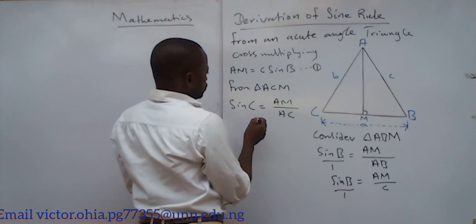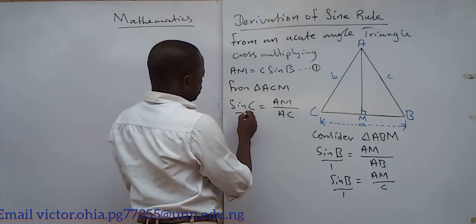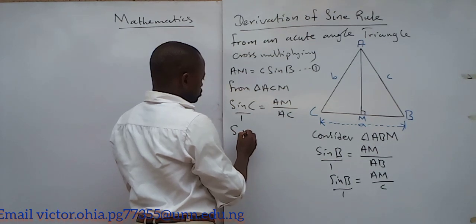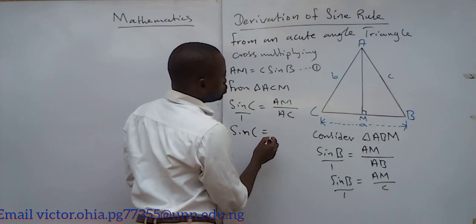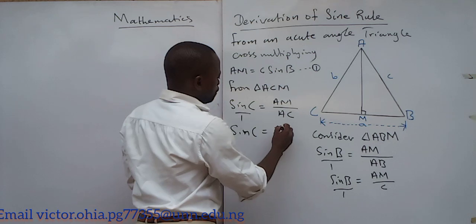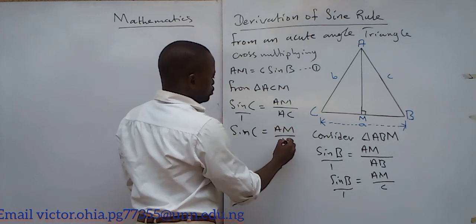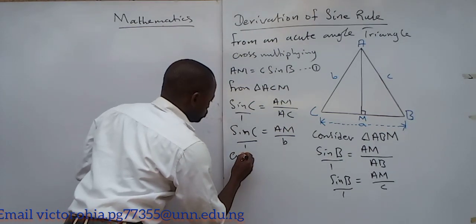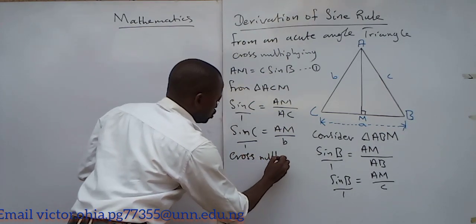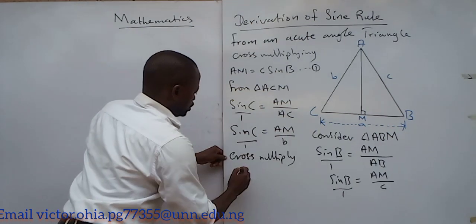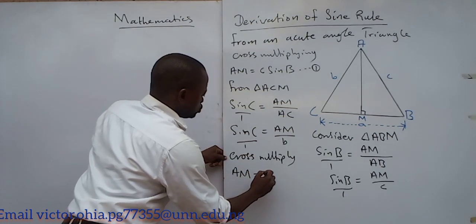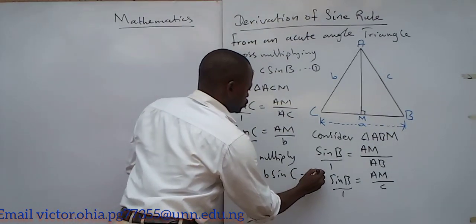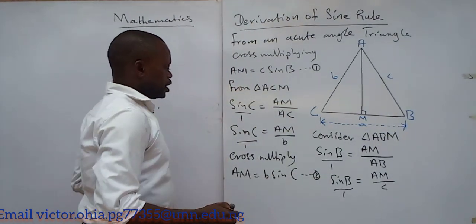Let me make this a fraction so that we have sine C equals AM over B. Now, if I also do what I did before, cross multiply, I will have that AM is equal to B sine C. Call this equation 2.